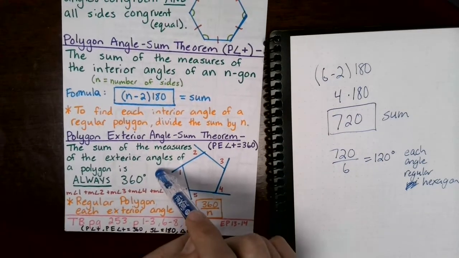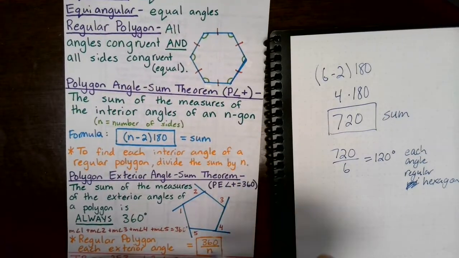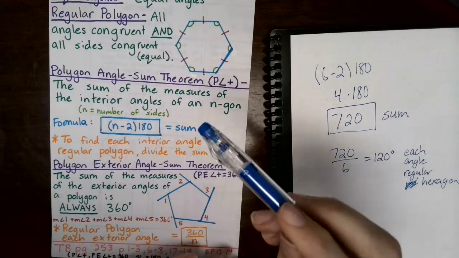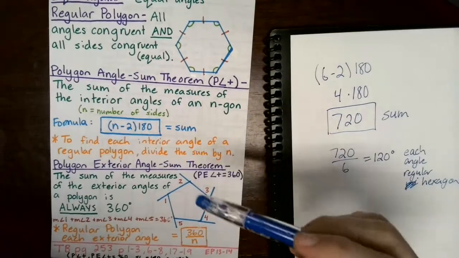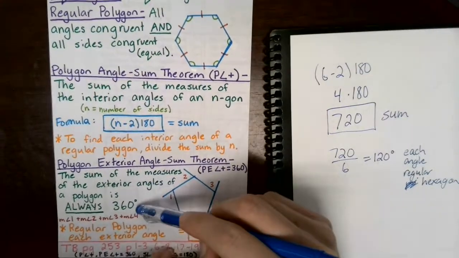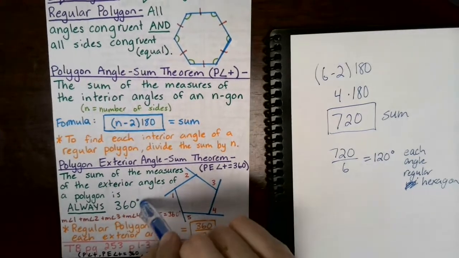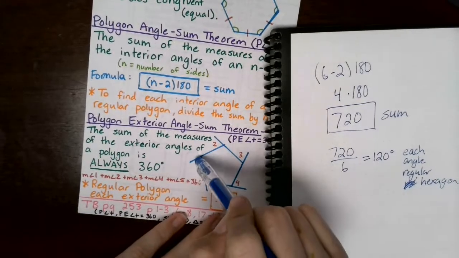So in a hexagon, it's 360. In a pentagon, the sum of the exterior angles, 360. In a quadrilateral, so squares, rectangles, kites, all of those, 360. The exterior angles of a triangle, also 360. It's always going to be 360, the sum of these exterior angles.